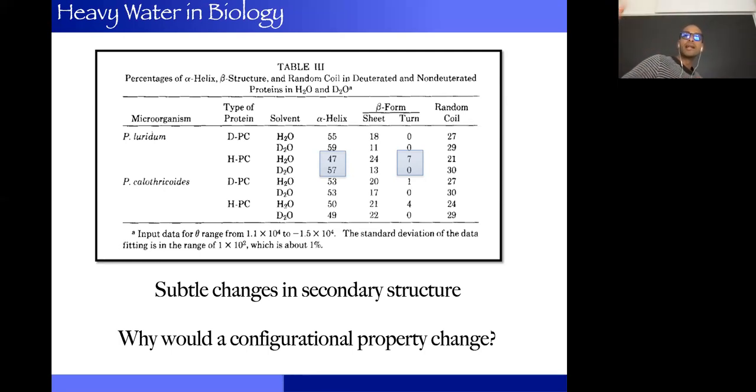The mass does not enter into the configurational part of the partition function. So what would cause a change in the secondary structure? Well, obviously, this is saying that the classical picture breaks down, right? Okay.